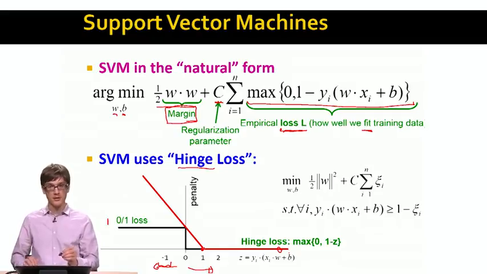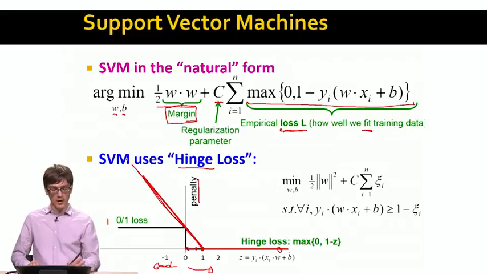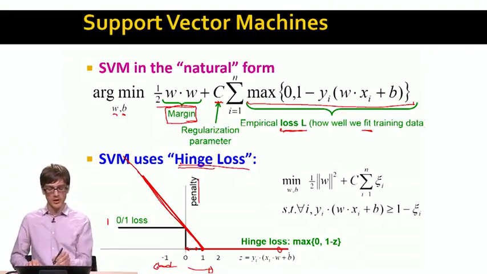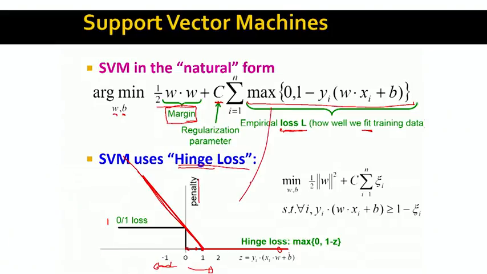However, if the point is inside the margin, so it can still be classified correctly but is too close to the boundary, or is actually on the wrong side of the boundary, then we are incurring a penalty, and this penalty is proportional to how far away our point is from this decision boundary. So this is what is called the hinge loss, and the support vector machine is exactly optimizing this hinge loss in the loss part of the term.